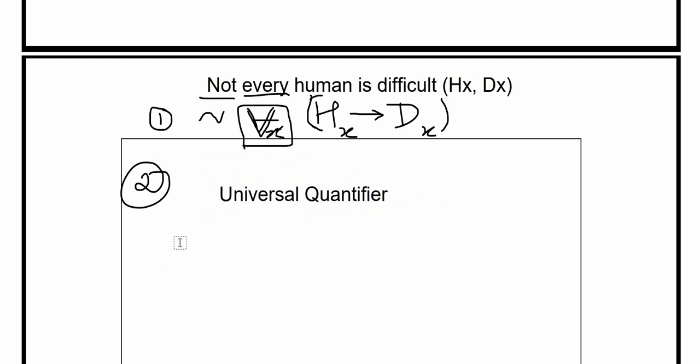So now what else do we have to write here in the exams? First, before we write the universal quantifier, we have to write hx. We have to define what is hx.